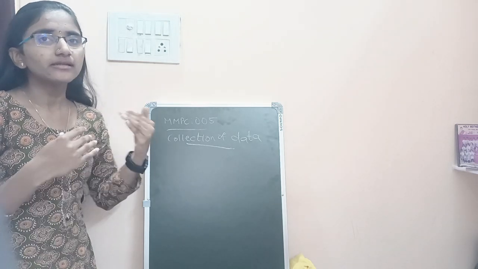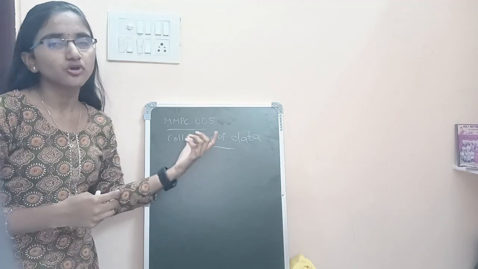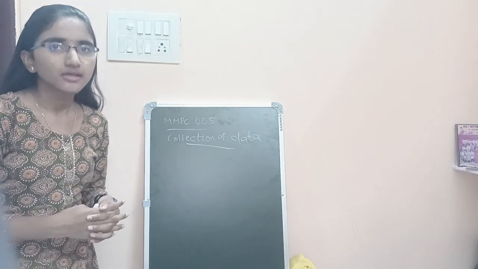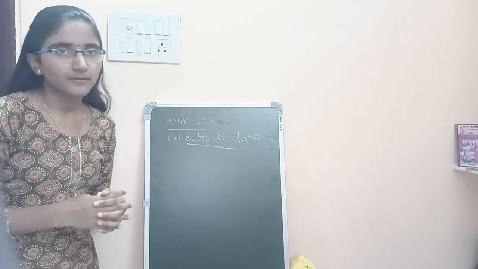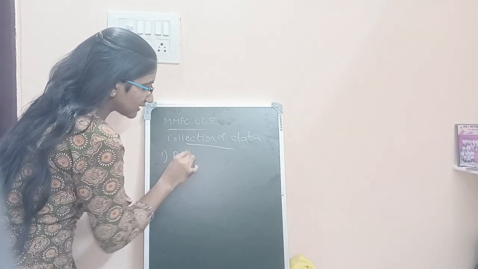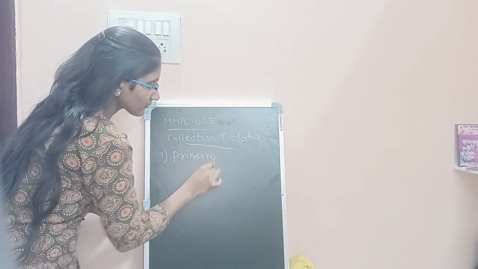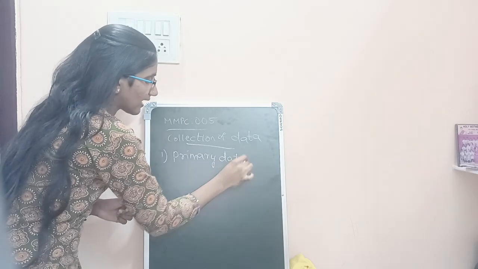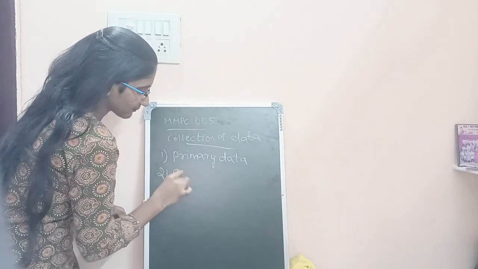So, starting into the topic, our first topic of this particular unit is types of data. We have two different types of data, that is primary data and then we have secondary data.